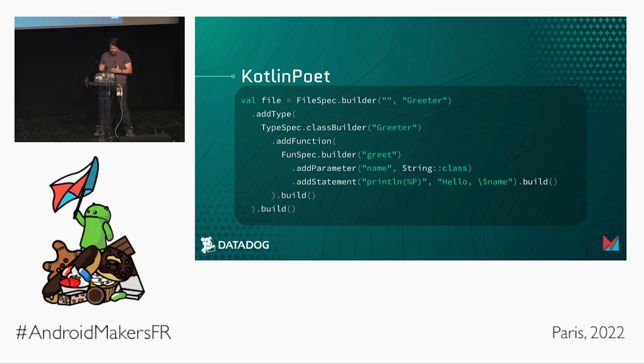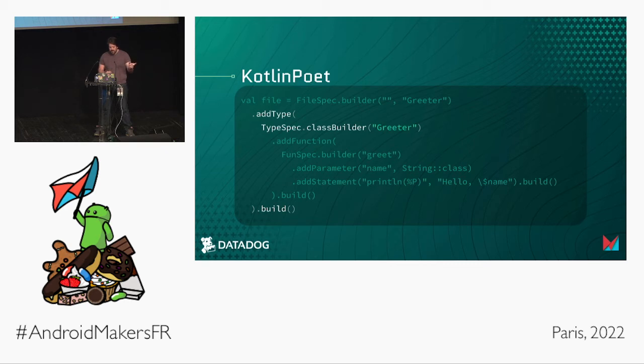So for instance, we have this very small Hello World Kotlin Poet code, where basically we just say, okay, I want to write a Kotlin file. So it's a FileSpec builder. The file is going to be Greeter, so Greeter.kt. I didn't put any package name because it's easier that way. In this file, I'm going to add a type.